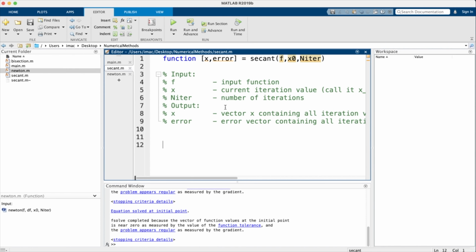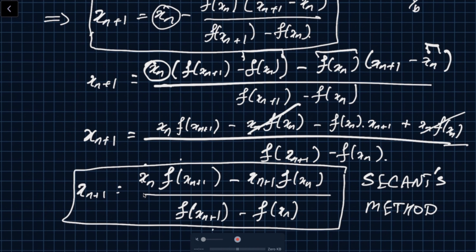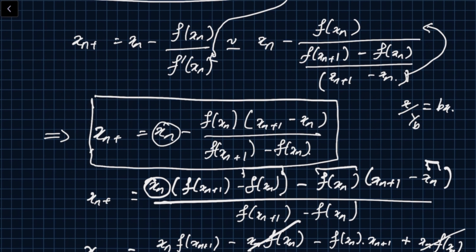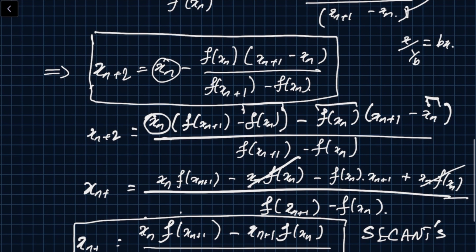So if we go back to what we have here, xn plus 1 depends on xn plus 1, and oh, I have a notation mistake over here. This guy should be xn plus 2. So all those are xn plus 2, okay? Let's correct this. So instead of 1, 1, 1, 1, this guy should be a 2. So xn plus 2, xn plus 2, xn plus 2.